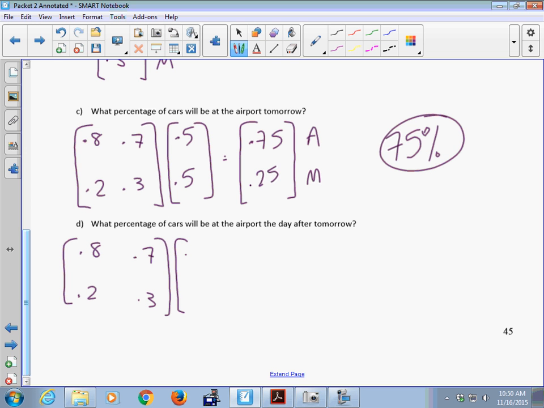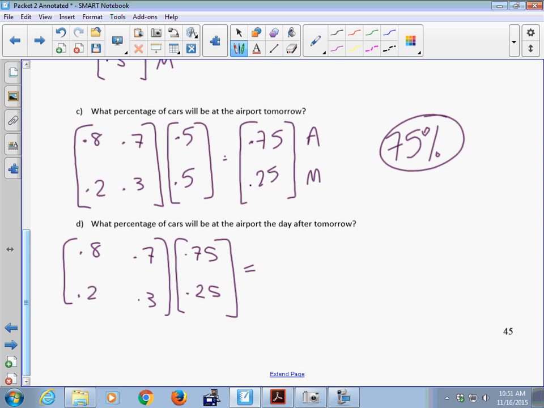We multiply by the state vector from tomorrow, and I'll get the state vector from the day after tomorrow. So this is almost exactly the same as when we did populations. The only difference is that everything is in percentages or probabilities rather than just numbers, right? When we did populations, we had like 100,000, 200,000. Now it's all in terms of percentages or probabilities.